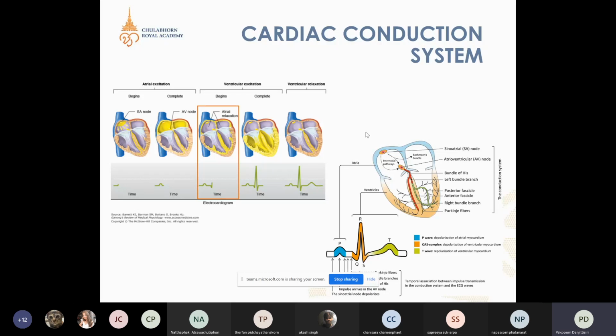After that, it goes to the left and right bundle branches, and then to the Purkinje fibers before the myocardium of the left and right ventricles depolarizes. All of this period is shown in the PR segment.